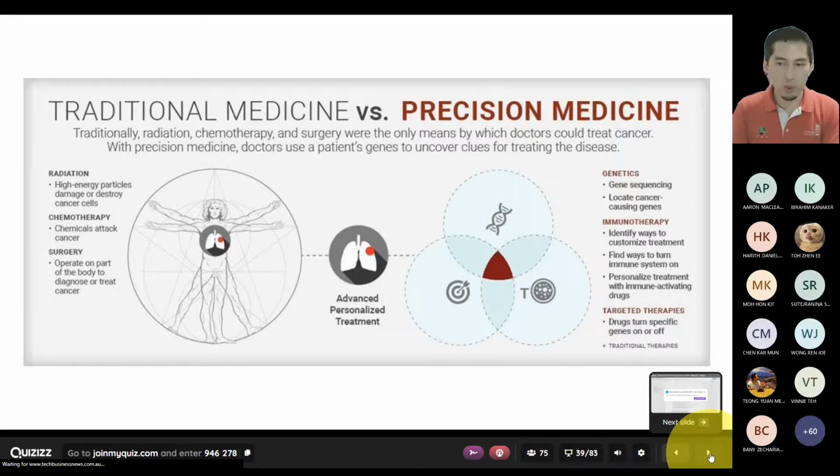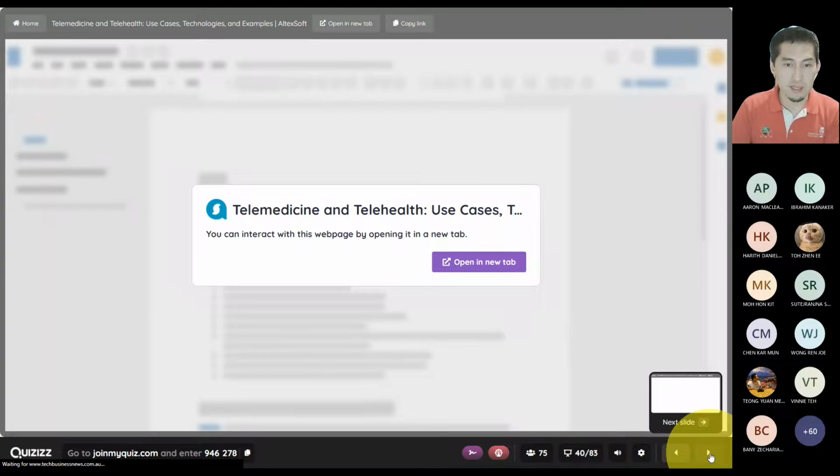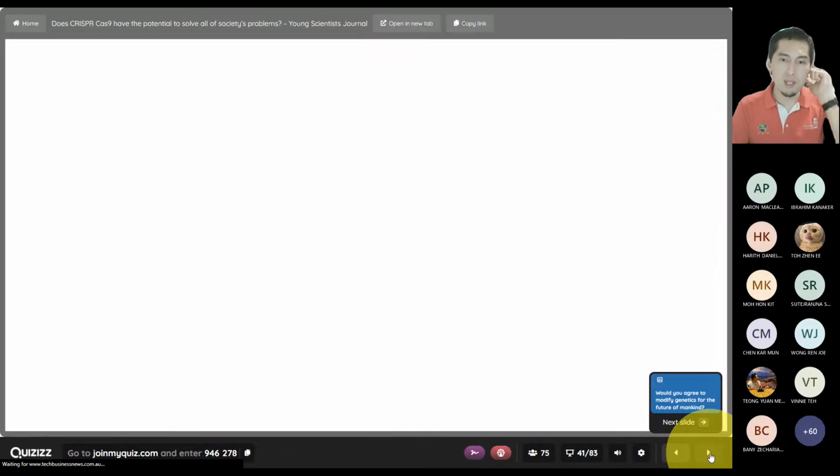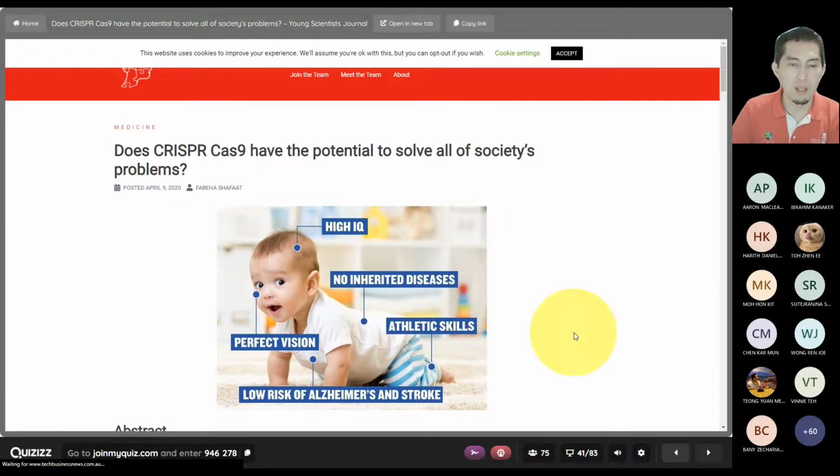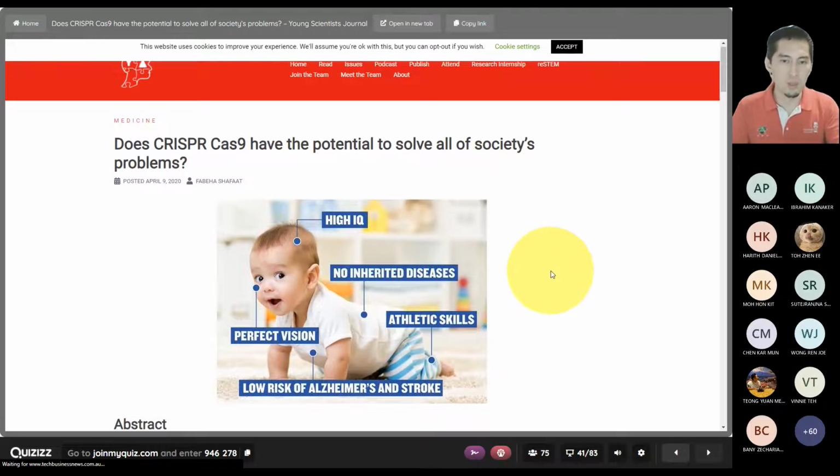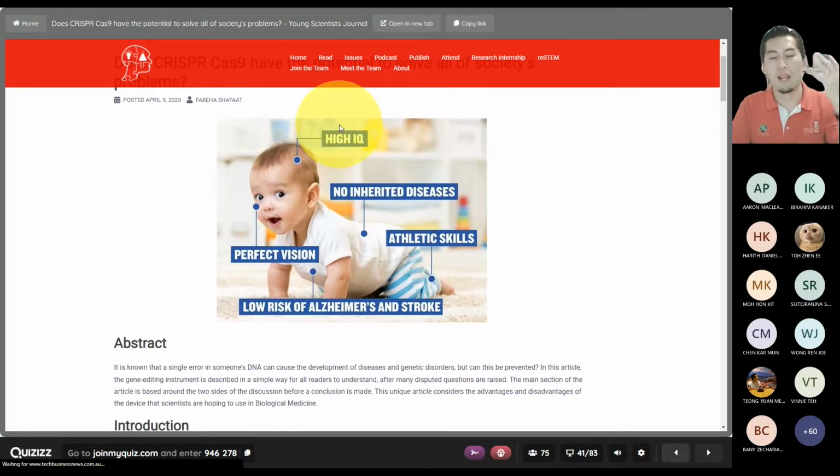So just a few websites for you to see different examples. Telemedicine, telehealth is also here. This was the area of CRISPR that I was talking about earlier, right? Genetically modifying genes so that you can have things like that. Look at that. High IQ, perfect vision, no inherited diseases, naturally come with athletic skills because you are built for it, low risk of Alzheimer's and stroke.